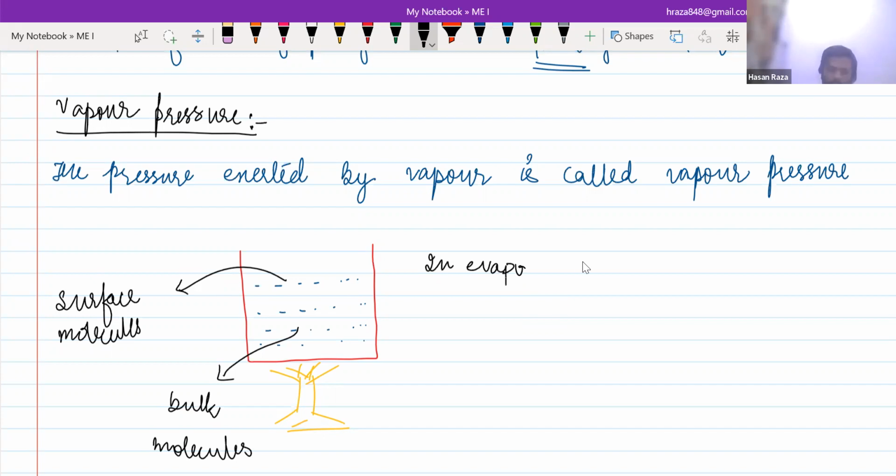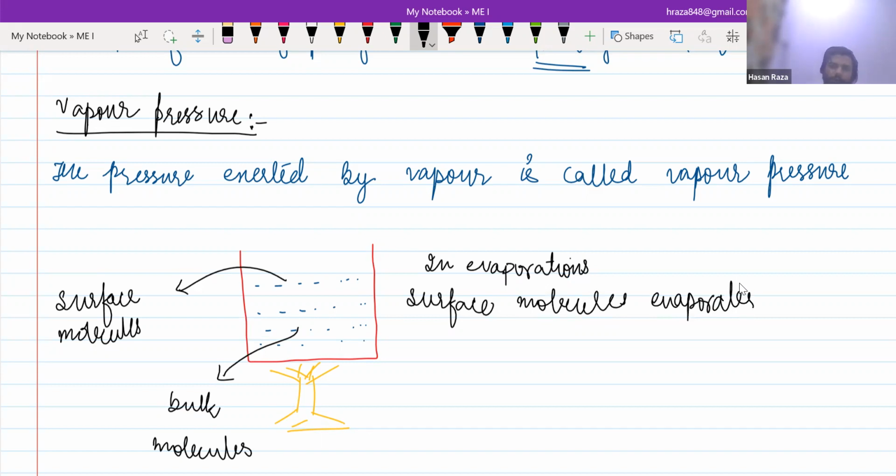In evaporation, surface molecules, the answer that you have given, surface molecules evaporate. Actually, all the surface molecules once were bulk molecules, and they get energized first. When you give heat energy, the molecules get energized, that energy is converted into kinetic energy, and they start moving.